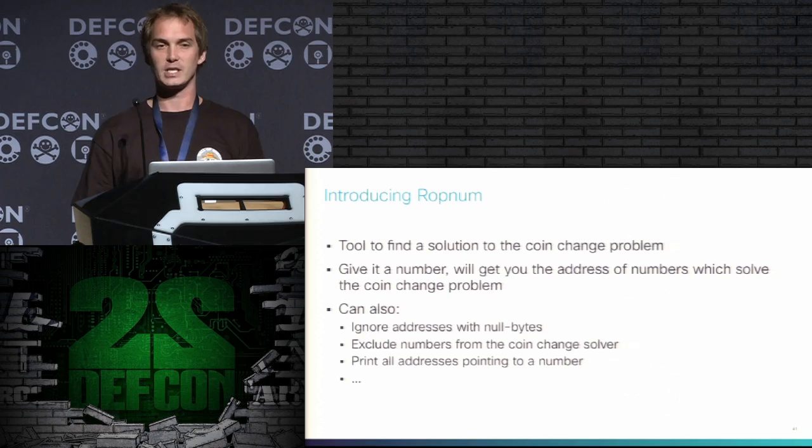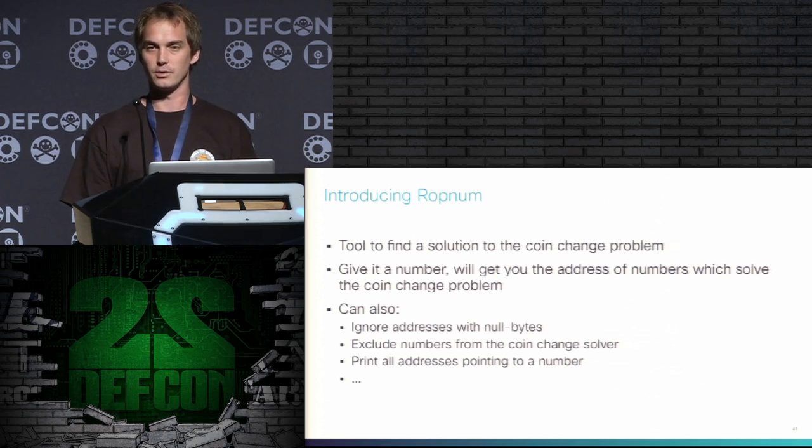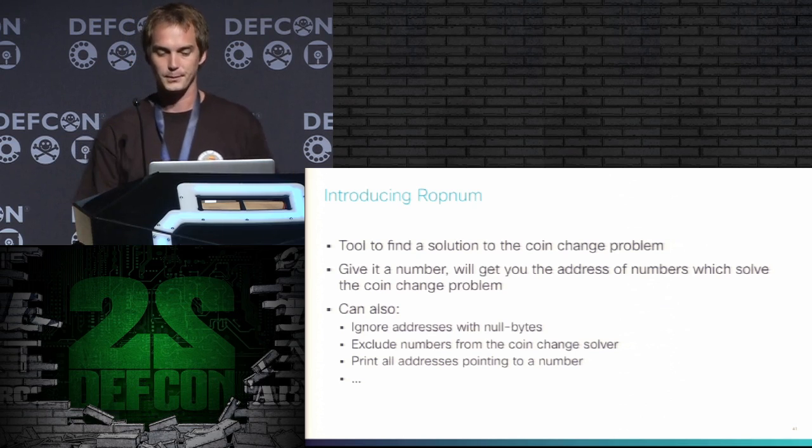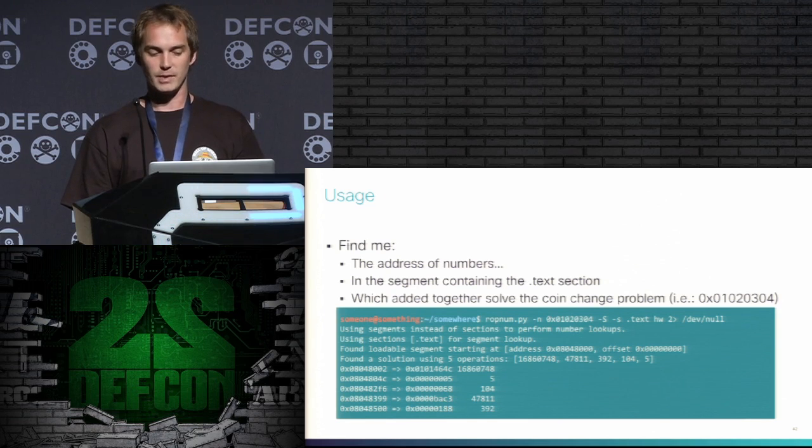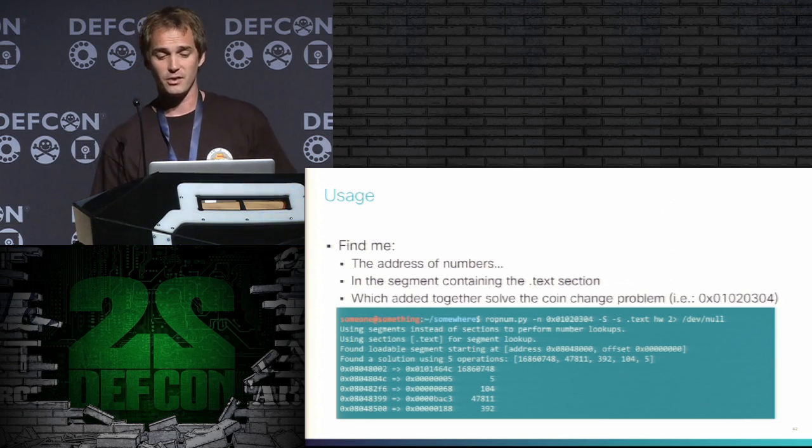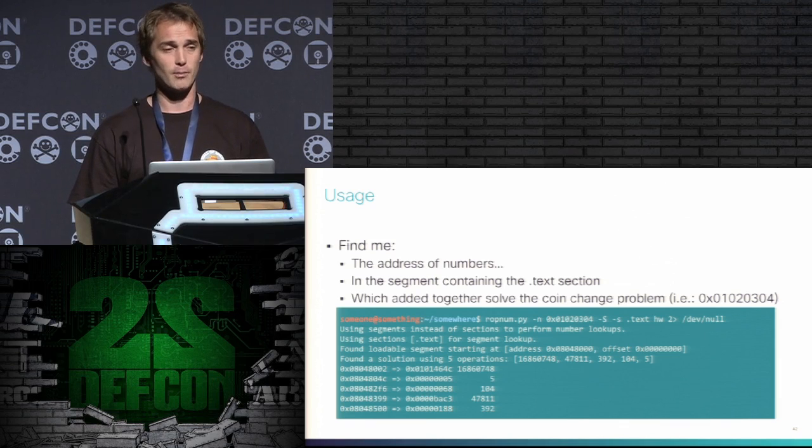They just make your exploit dev easier because you can exclude null byte addresses, and addresses which are not in your range, etc. An example usage is: find me the address of numbers in the segment containing the text section, a read-only section, which added together solve the coin change problem. Here, it spits out 5 numbers at the lower part, and if you add those together, you get your target number, which is your shellcode chunk.